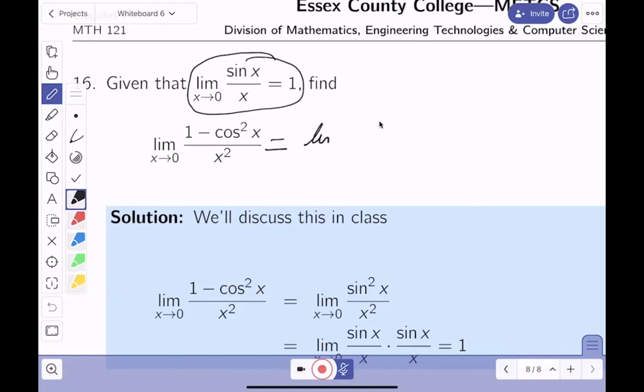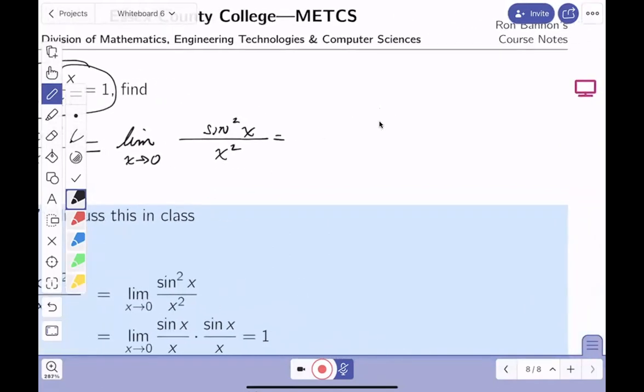Limit as x goes to 0 of 1 minus cosine squared, which is sine squared, over x squared. You may remember your teachers in Math 120 said that sine squared is kind of confusing, so you should really explicitly state what it means. And what does it mean? It means sine x times sine x. What's on the bottom? Explicitly, it means x times x.